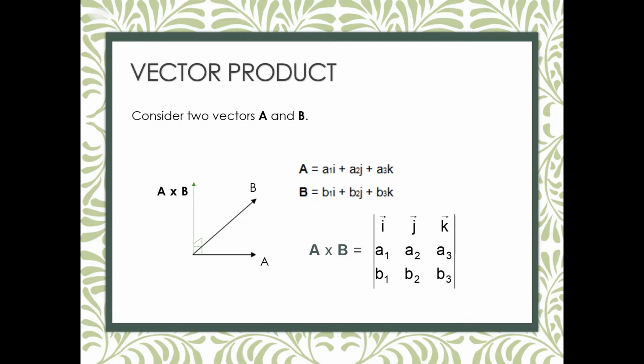Consider two vectors A and B, in which A is equal to a1i plus a2j plus a3k, and vector B is equal to b1i plus b2j plus b3k. By solving the determinant of A cross B, you should get a vector as the answer. We normally use this formula to find the vector product as compared to the first formula.